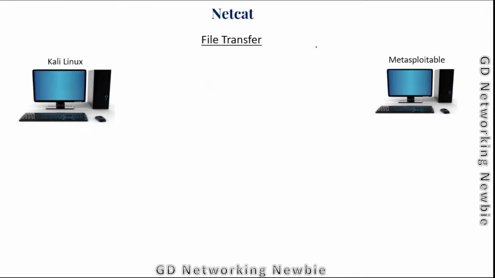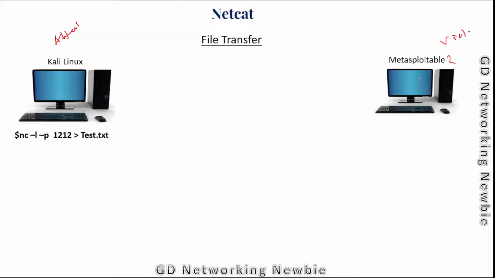Now, how to transfer files between two computers using Netcat. This is something which I'll be demonstrating now. For this, we have again the Kali Linux machine, and we have Metasploitable too. This Kali Linux machine I'll be using as the attacking machine, and this is, let's say, the victim.